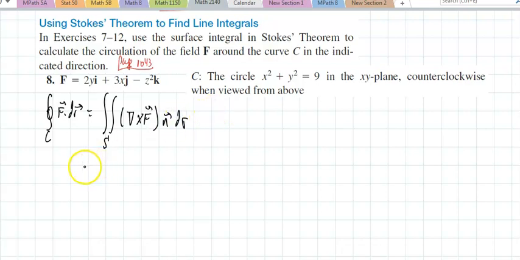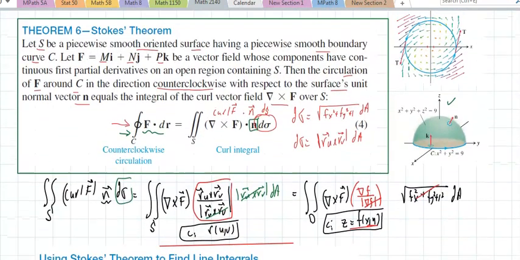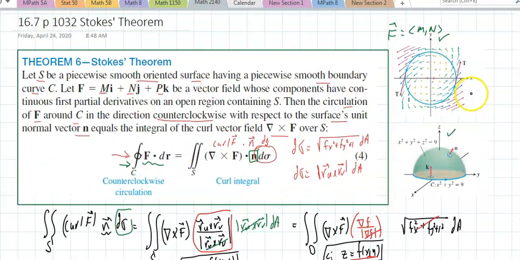Let's write what everything is. Let's figure out what each of those would be. That's going to be the double integral. If I take the curl of F, that is del crossed with F. I forgot to mention, this is Green's theorem, and this is Stokes' theorem.